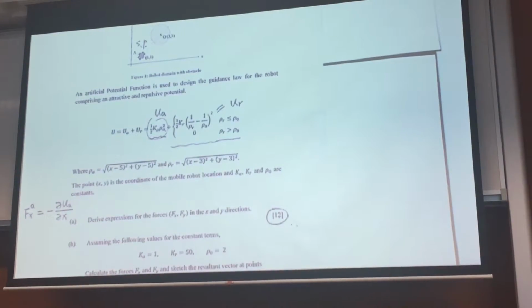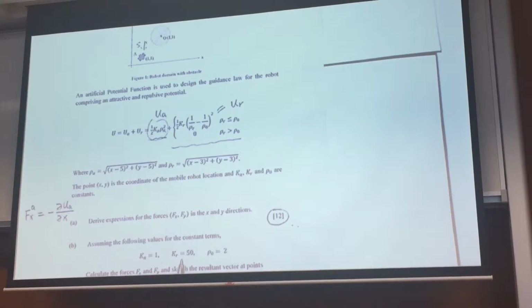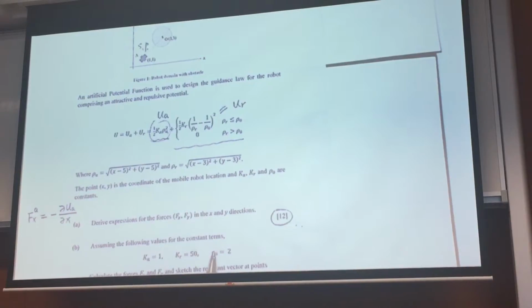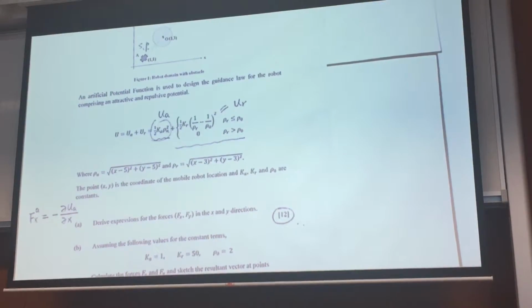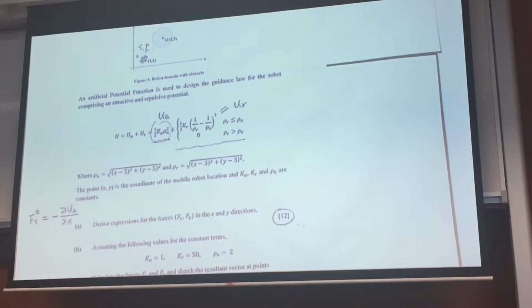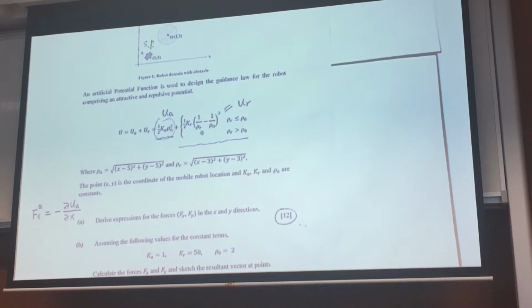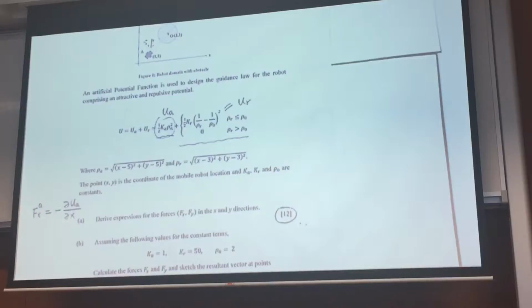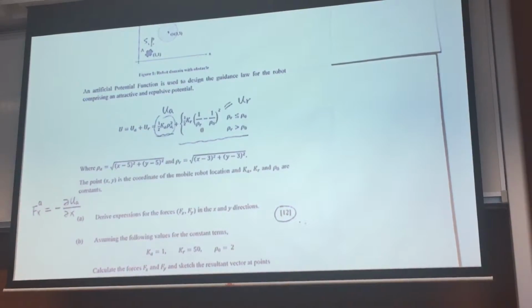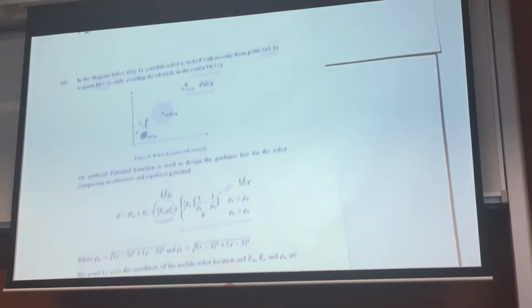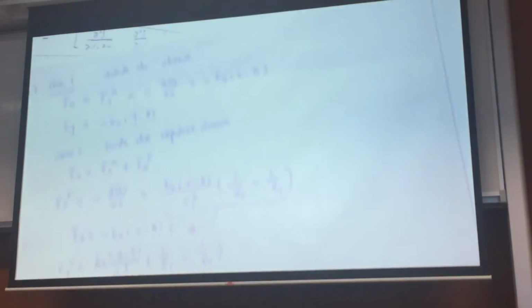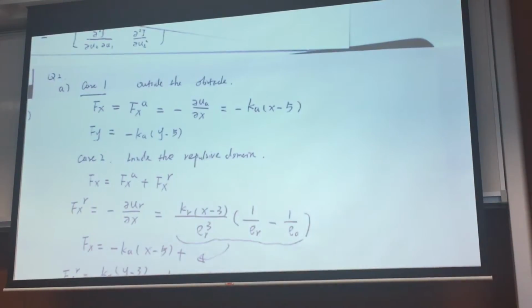For the part B, the Ka, the Kr, and the rho 0 are defined. And now you got two positions, and you are required to calculate the force at these two particular positions. To calculate the force, you can just use the equations you derived here.